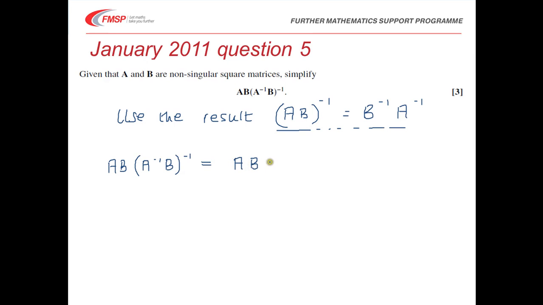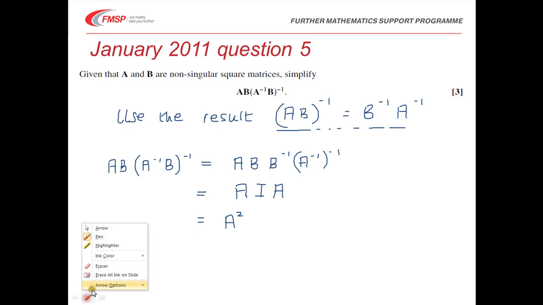So it's going to be the inverse of B times the inverse of A. So two things to see here, really, is that we are multiplying B by its inverse, so that's going to give us the identity matrix. And then we also need to see that the inverse of the inverse just gets us back to A again. And A times the inverse is just A, so we end up with A squared.